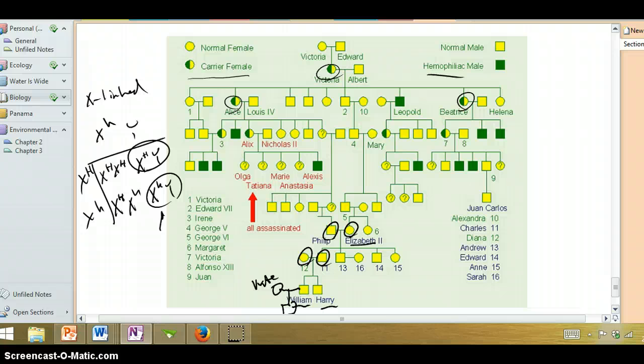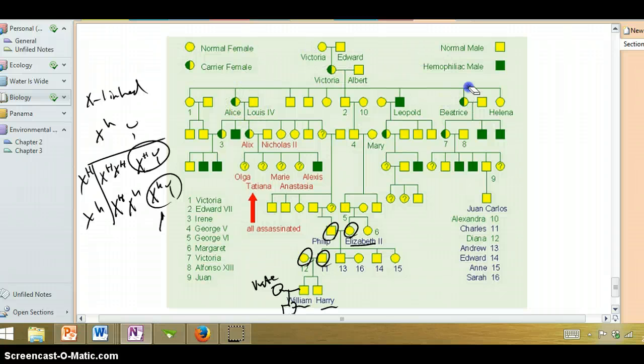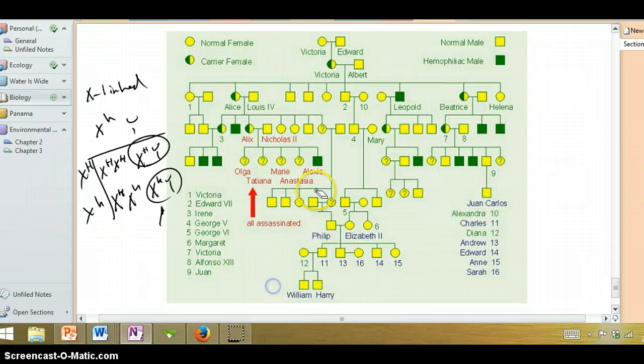The most, I guess, perhaps infamous branch of the family would be over here. So Alice married Louis the Fourth, and they had a daughter named Alex, and she married Nicholas, who was the Tsar of Russia.